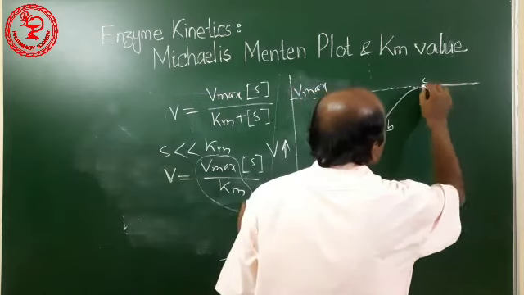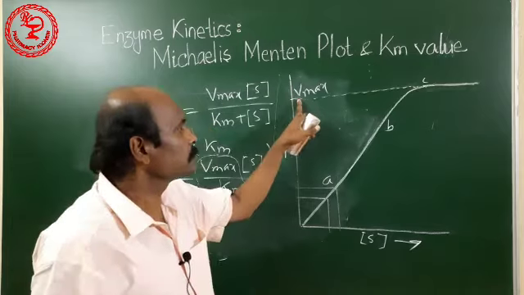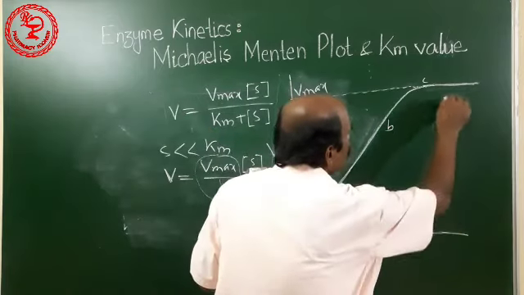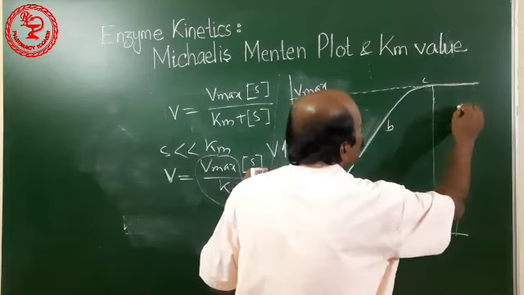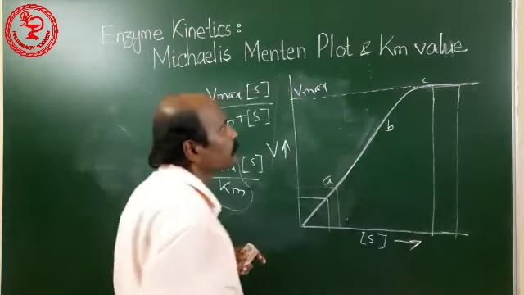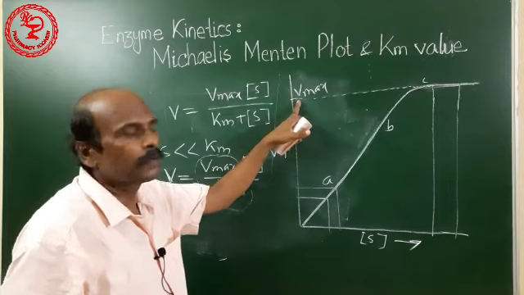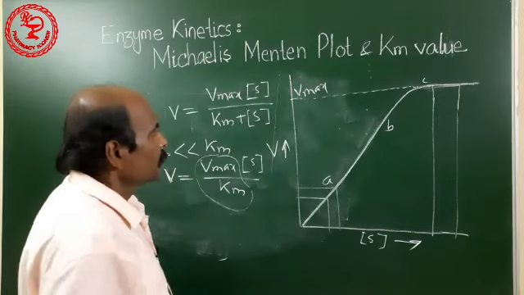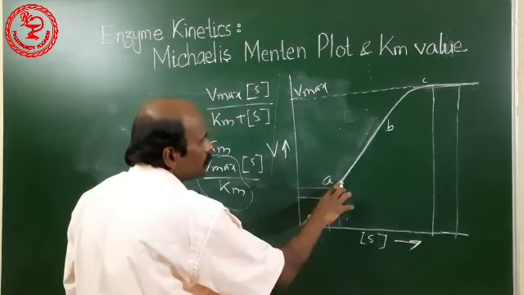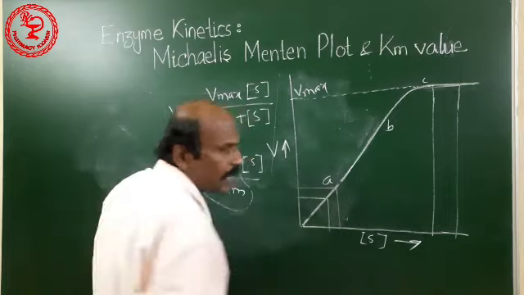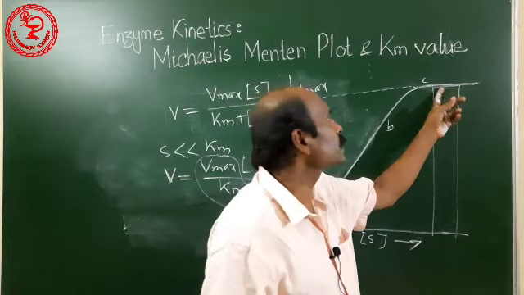So after point C, there will be no change in the velocity. If we increase the substrate concentration, there will be no change. The velocity is the same. That is the maximum velocity. So in the first phase, the reaction is a first order reaction, and here the reaction is a zero order reaction.